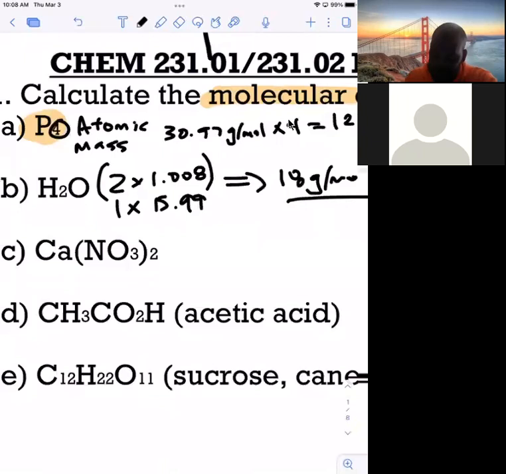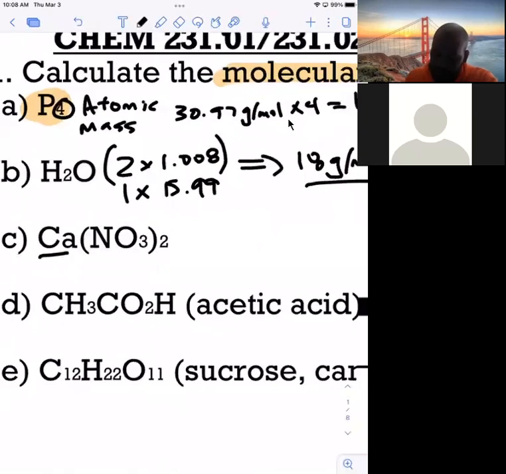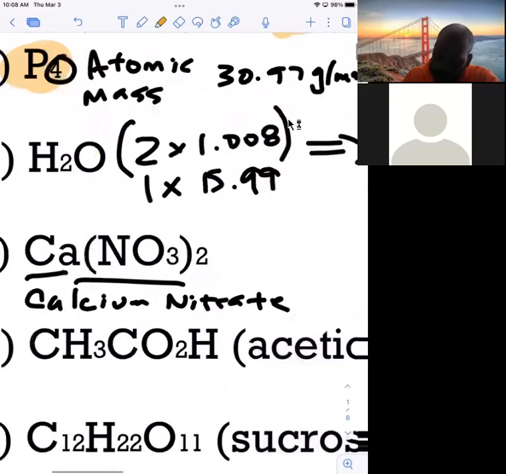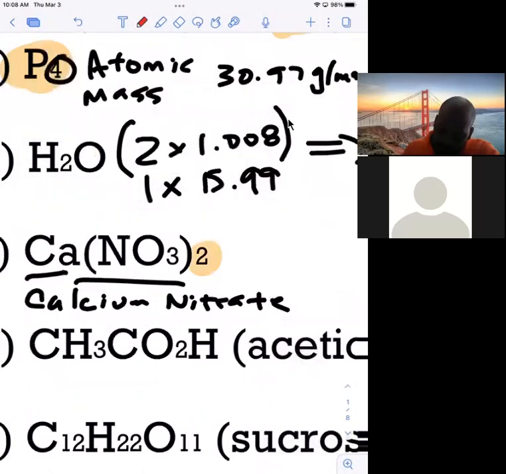What about calcium nitrate? What do we have to do with this 2? Don't we have to distribute it? So it'll be 2 times this number and 2 times here.